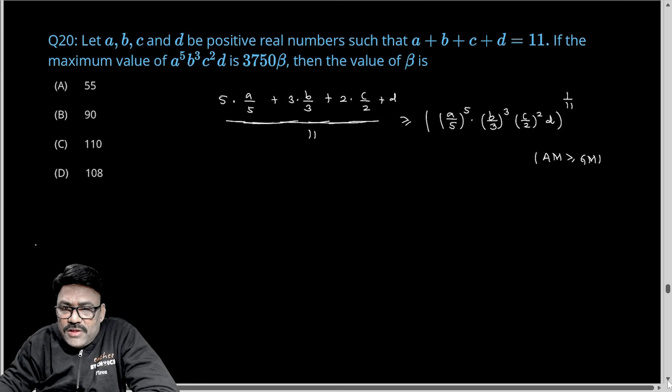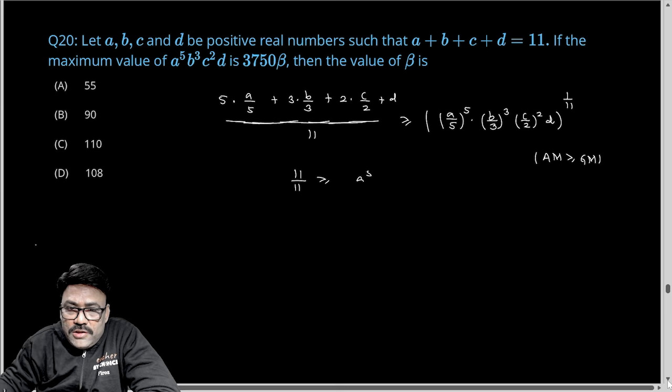And this sum is given as 11 here. So on the left side, you get 11 by 11. And on the right side, you get A raised to 5, B raised to 3, C raised to 2, D raised to 1, divided by 5 raised to 5, 3 raised to 3, 2 raised to 2, whole raised to 1 by 11.